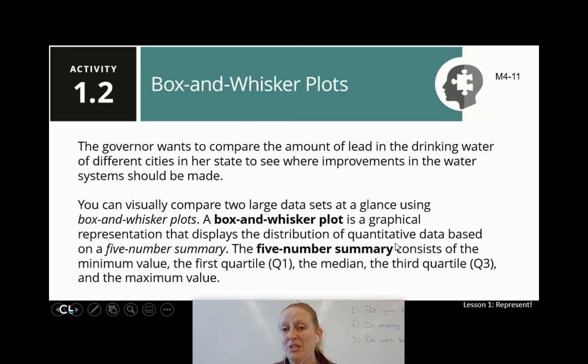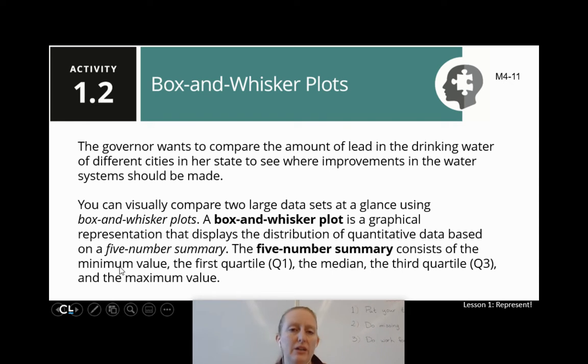That 5-number summary consists of the minimum value, right? Smallest one there. What we call the first quartile, we'll talk about that in a bit. The median, we talked about that at the very start of the lesson last time. That's the number in the middle, right? The third quartile, which we'll talk about in a moment, and the maximum value, so the very, very, very biggest number there.